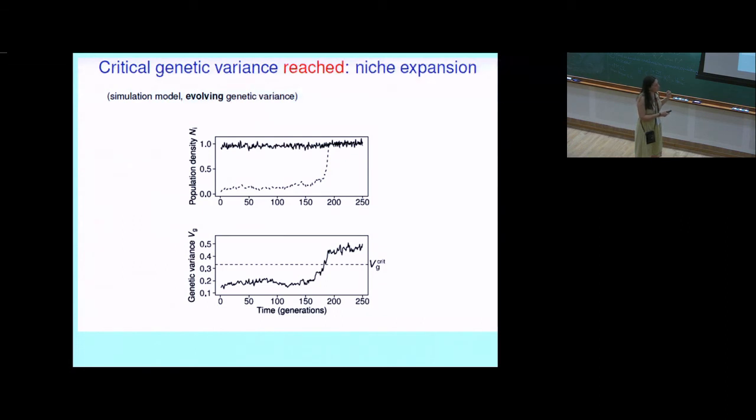And once you go through this threshold, this is exactly when you adapt and start to expand. So the genetic variance is evolving very slowly, but once it reaches this threshold, then suddenly you have completely different dynamic behavior, demographic and evolutionary behavior.